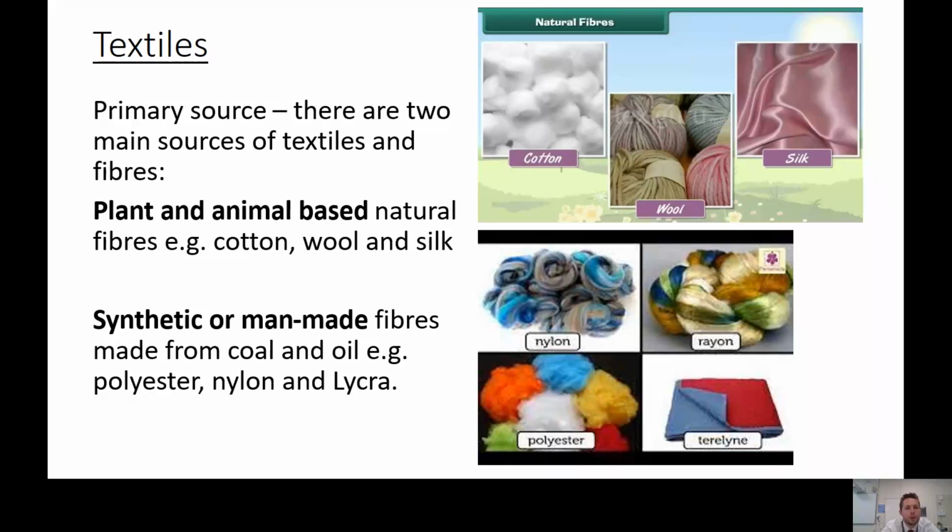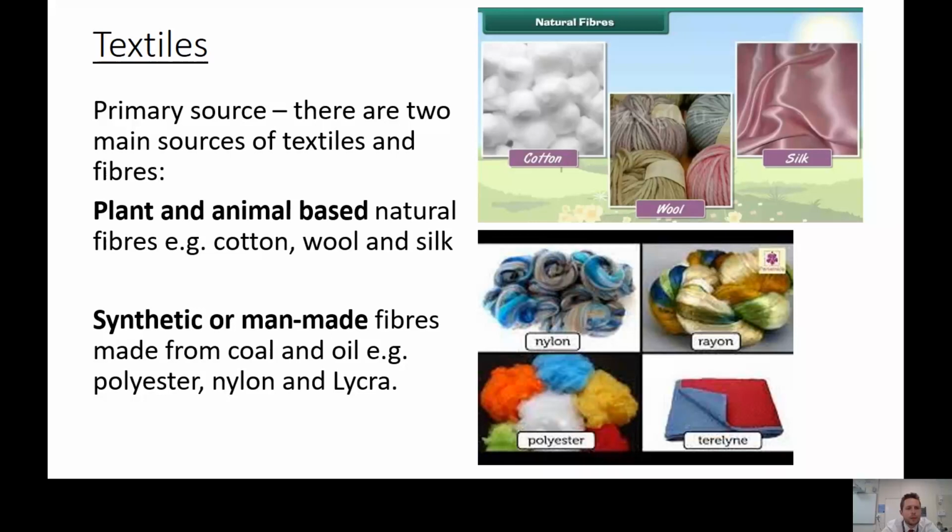So their primary source is coal and oil. We've managed to convert coal and oil into man-made fibres. Some examples of those are polyester, nylon and lycra. I can imagine a lot of you have come across the word polyester, because a lot of the clothes that we wear these days are made from polyester.